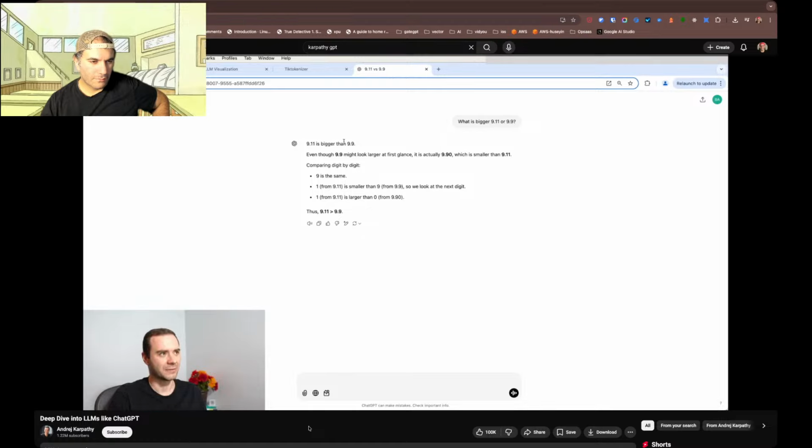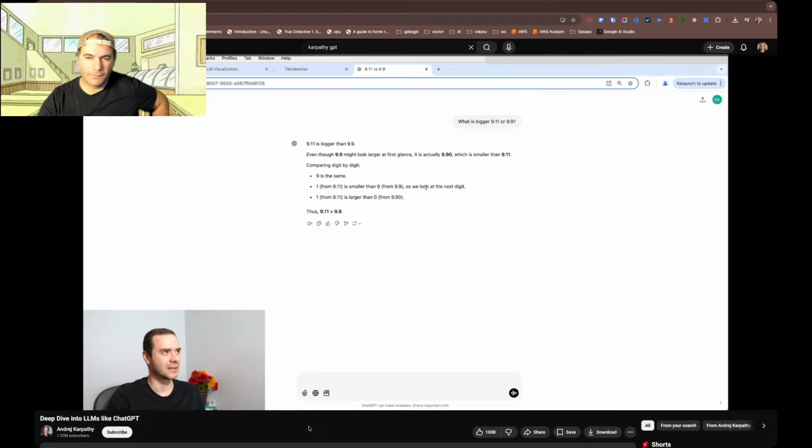And in a Bible verse setting, 9.11 would come after 9.9. And so basically the model somehow finds it cognitively very distracting that in Bible verses 9.11 would be greater. Even though here it's actually trying to justify it and come up to the answer with math, it still ends up with the wrong answer here. So it basically just doesn't fully make sense, and it's not fully understood, and there's a few jagged issues like that.